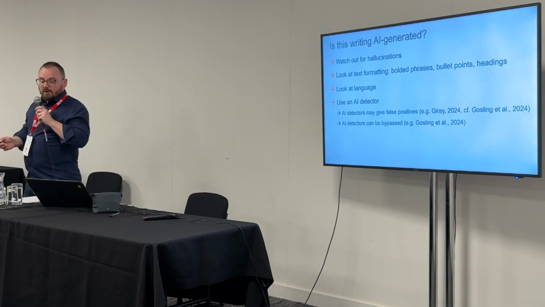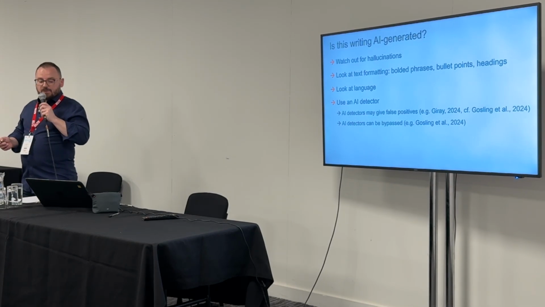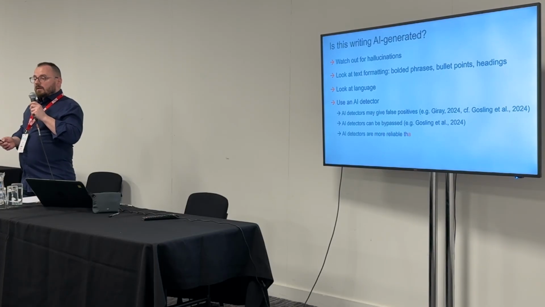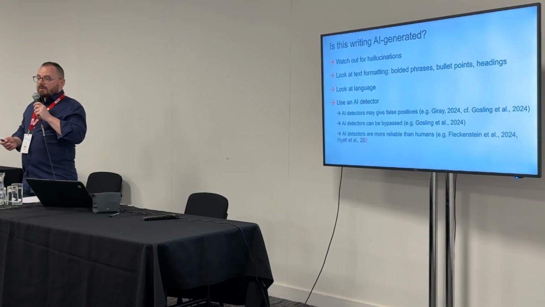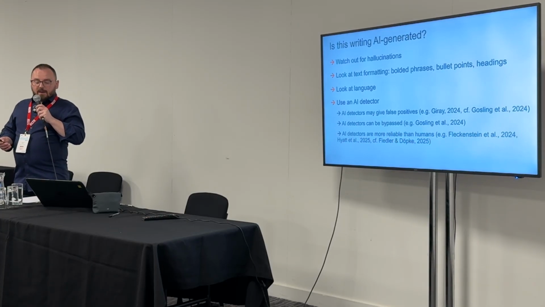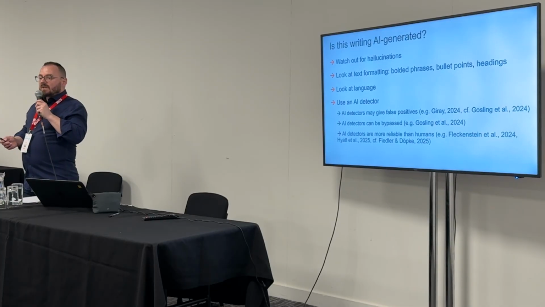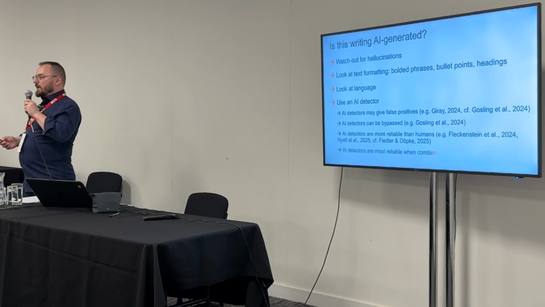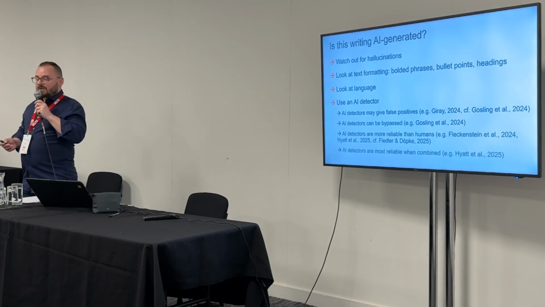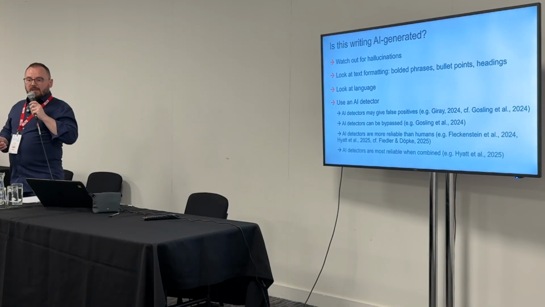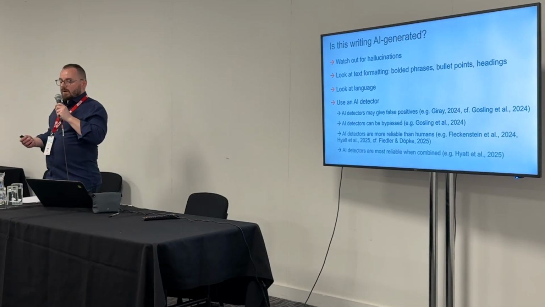On the other hand, there are a lot of studies comparing the effectiveness of different AI detectors, and it looks like by and large they work, and they are very highly effective. And the false positives can be reduced to zero if we use AI detectors in combination. So not just one AI detector, but more than one.